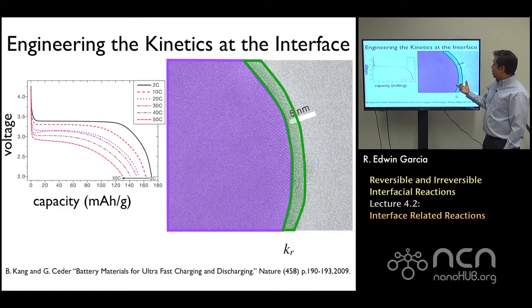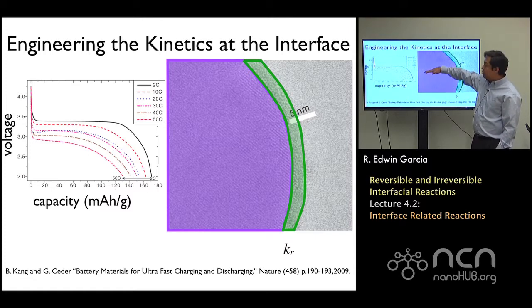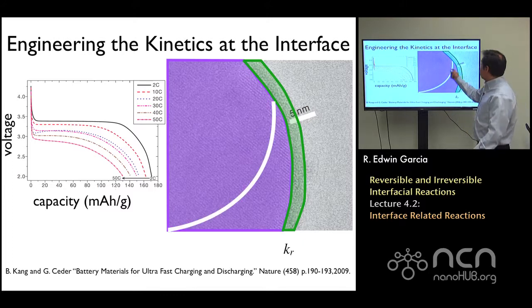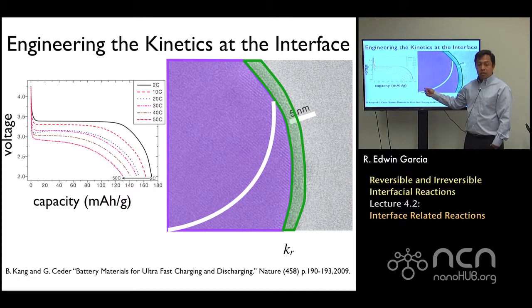If this reaction rate is very slow, basically we'll be filling in this particle very slowly. But if you increase the C rate or the reaction rate, the Butler-Volmer reaction at the interface is very high, then we will pile up a lot of material right here at the interface, inducing concentration gradients in the system.